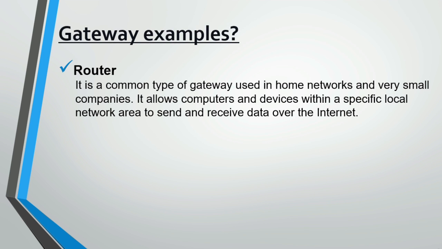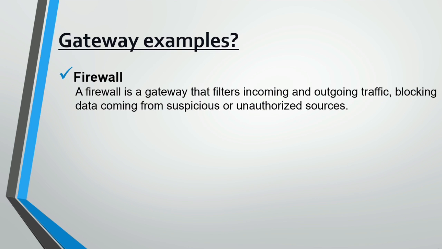Gateway examples: a router. It is a common type of gateway used in home networks and very small companies. It allows computers and devices within a specific local network area to send and receive data over the internet. Firewall.